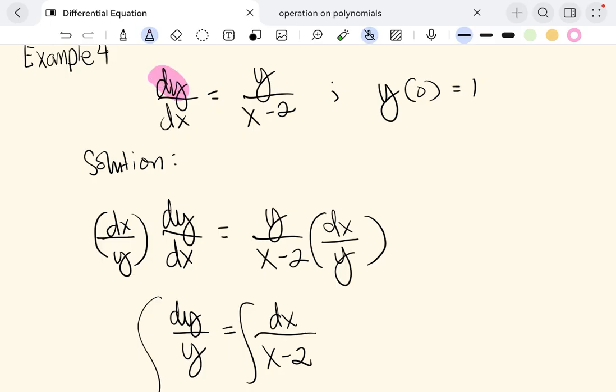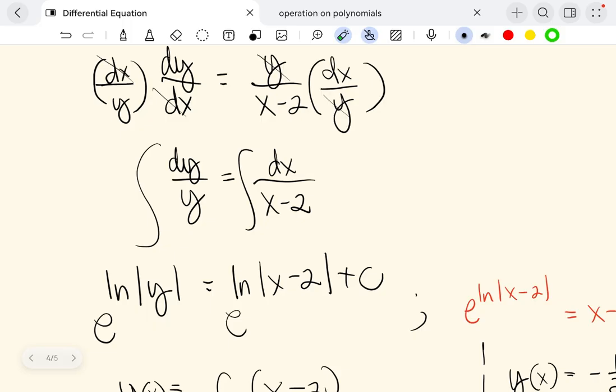So the y should go with this, and then dx. The next thing we will do is multiply both sides by dx over y. So this and this will cancel. And what is left is this one and this one, then integrate both sides.